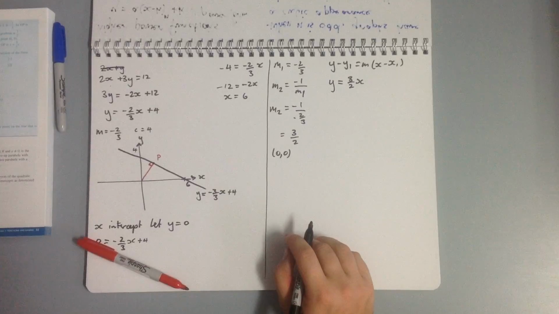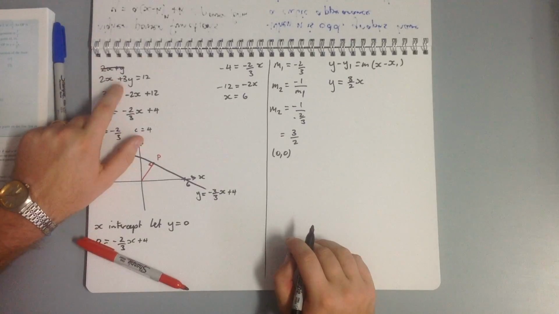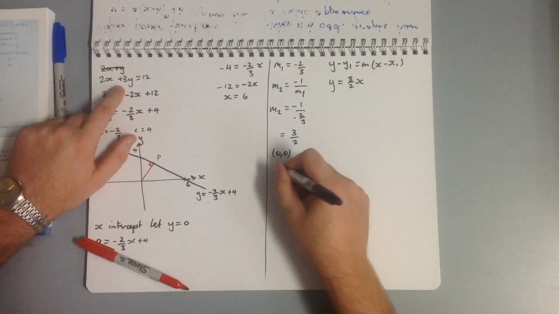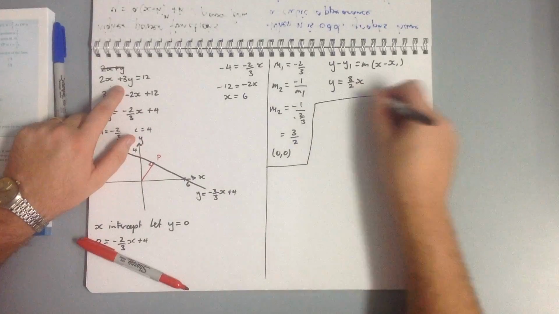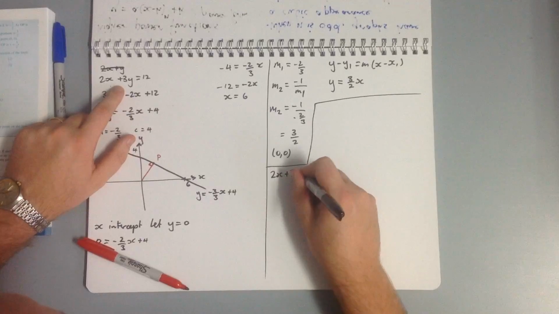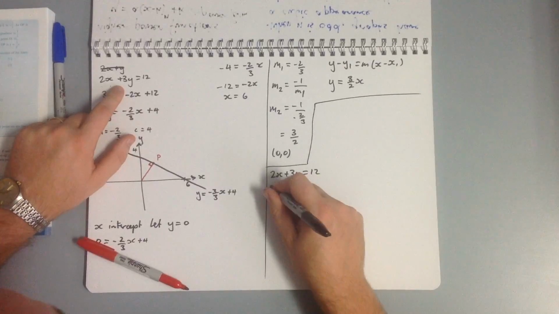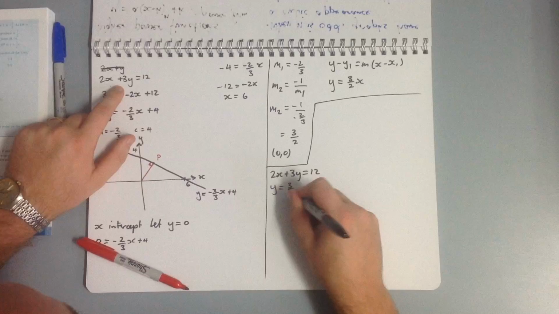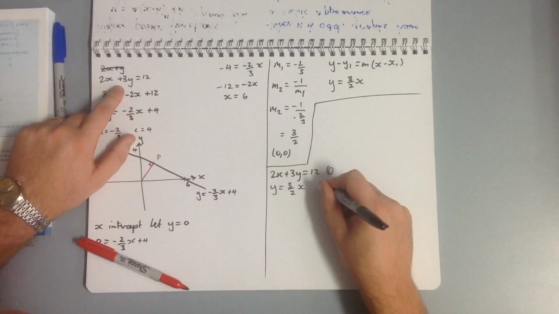So what I'm going to do is go back to this equation and use it in this form, and say that we've got 2x plus 3y equals 12 and y equals 3 on 2x. I'm going to call that 1 and that 2.